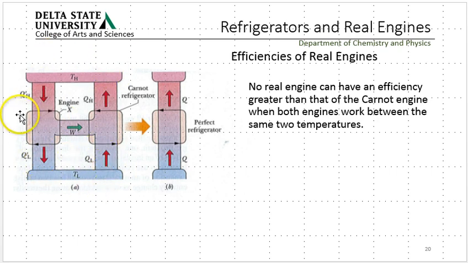Net, because this is more efficient than this, you would move a net amount of heat from the low to the high side for no net work. All right? The total heat transfer would be from here to there, and you could tune it to where there was no net work and end up with a perfect refrigerator.